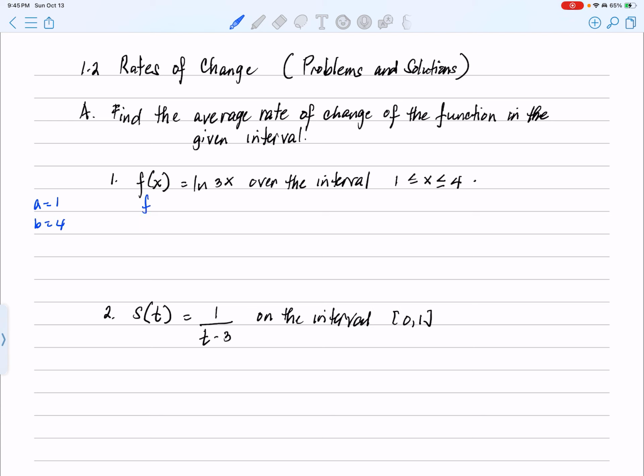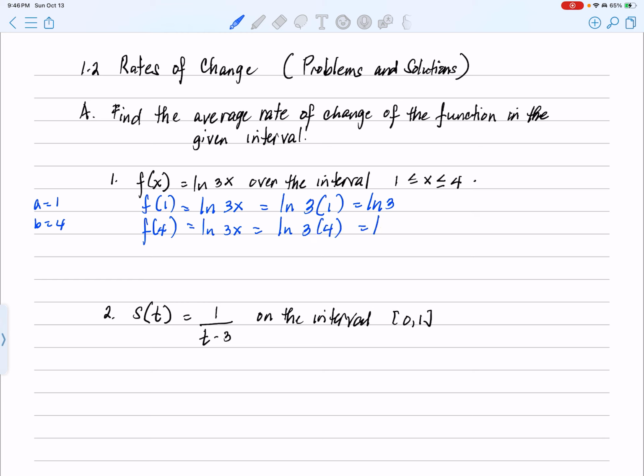So I'm going to start plugging in 1. That is f of 1, that is the natural log of 3x. That is the natural log of 3 times 1, which equals the natural log of 3. For the function of 4, that's the natural log of 3x, which equals the natural log of 3 times 4.